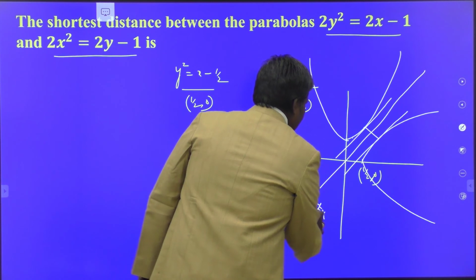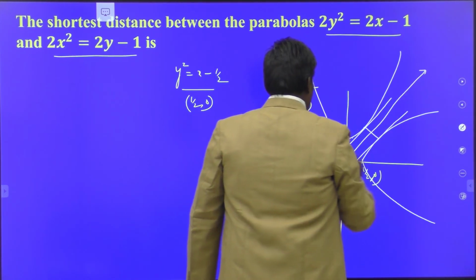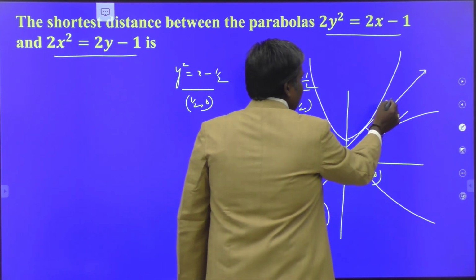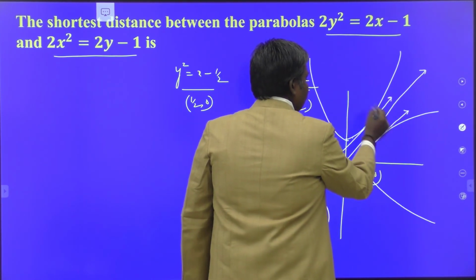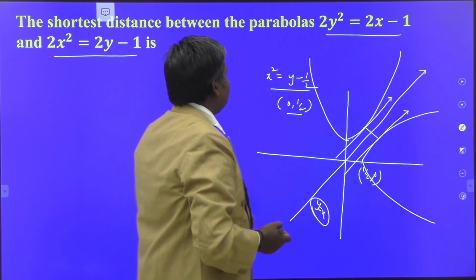So what is the line here? y = x is a common tangent. Therefore, y = x is the symmetric line. These are the two tangents. Now these are parallel.